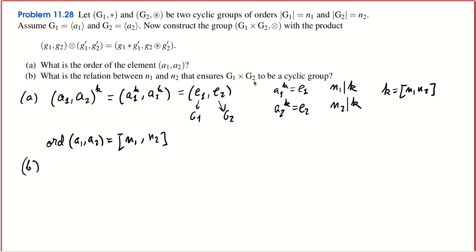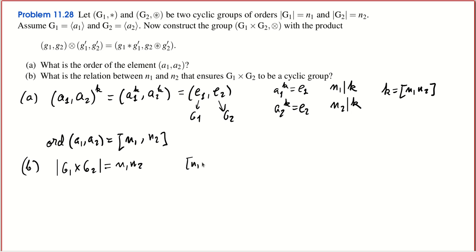So whatever generator this group has, if there is any, it must be of this form. We know the order of this element is equal to this, and the size of this group is equal to N1 times N2. That is the order of this group. So the condition for this to be a cyclic group is that these two numbers are the same.